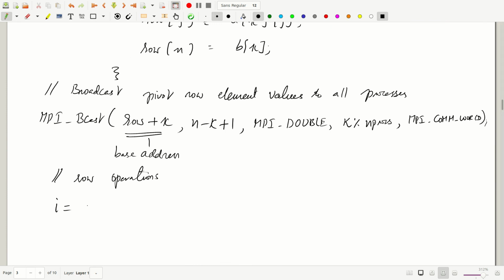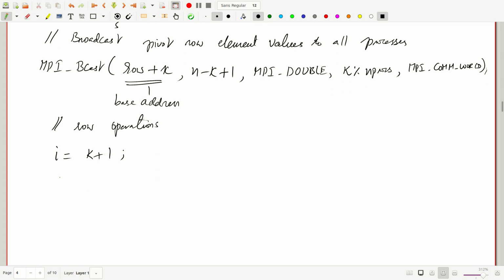So for I equals k plus 1, depending on the row we are in, on every process we have to go to that particular row. So if I percent nprox is not equal to my ID, then you basically do an I plus plus. Once you exit this, you get the I value that you can use in the for loop below for doing the row operation.